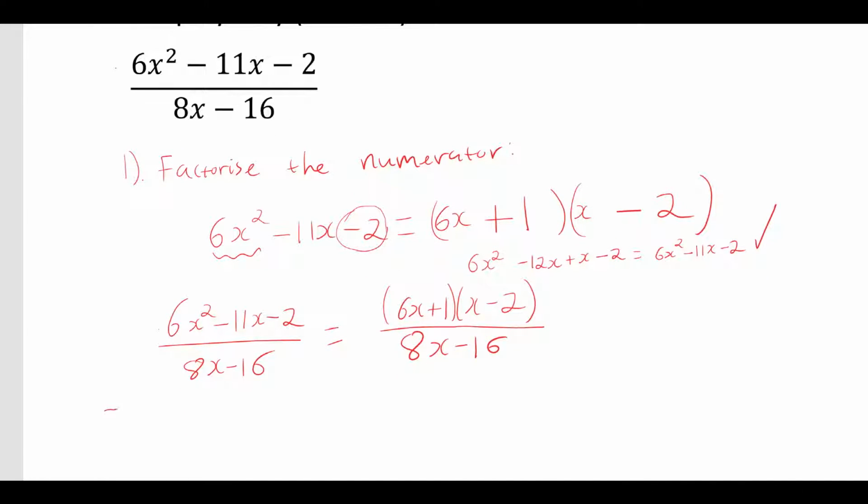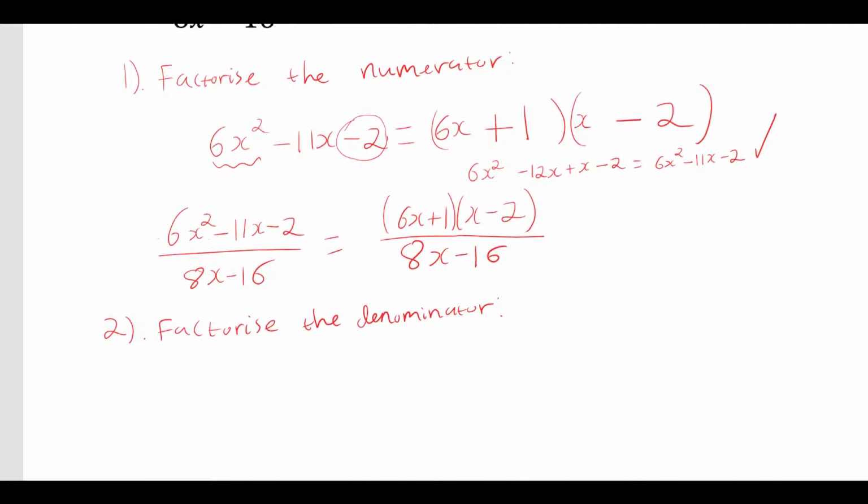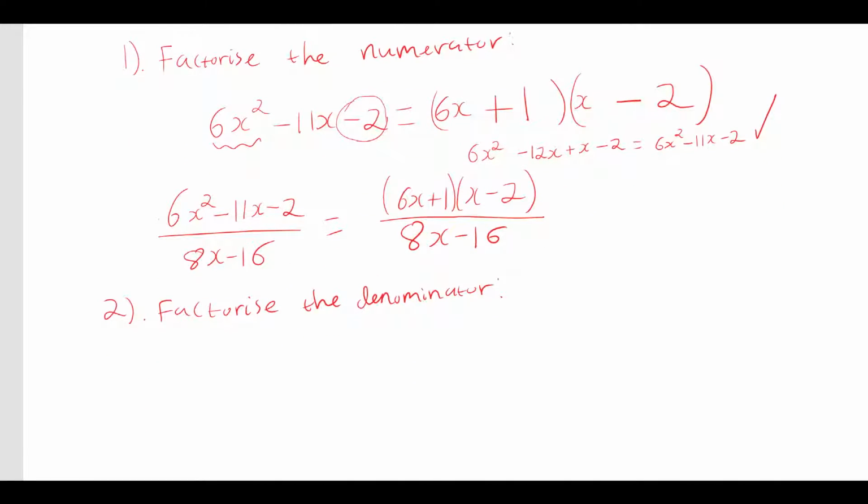My second step now is to factorize fully the denominator. Now the denominator is a linear expression. So what I'm going to do to factorize it is simply look at the highest common factor between the two terms. So what is the largest whole number that goes into 8 and 16, or minus 16?